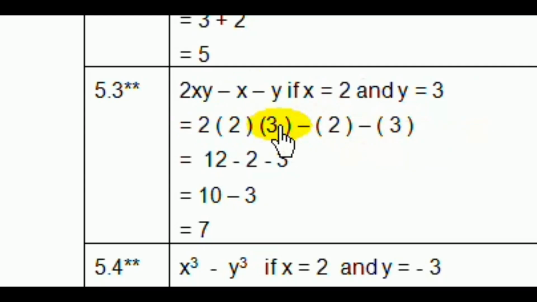And when you've substituted every variable with the values, you have to simplify it, get rid of all the brackets, and get to your 7. 2 times 2 is 4, 4 times 3 is 12. There's minus 2, and there's a minus 3. Altogether gives you that 7.